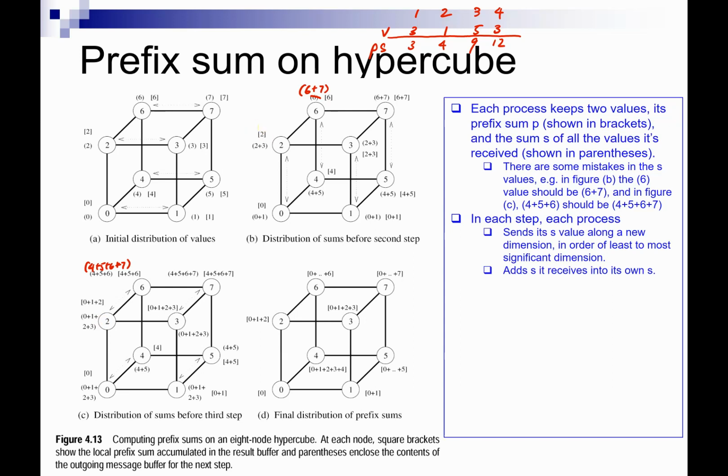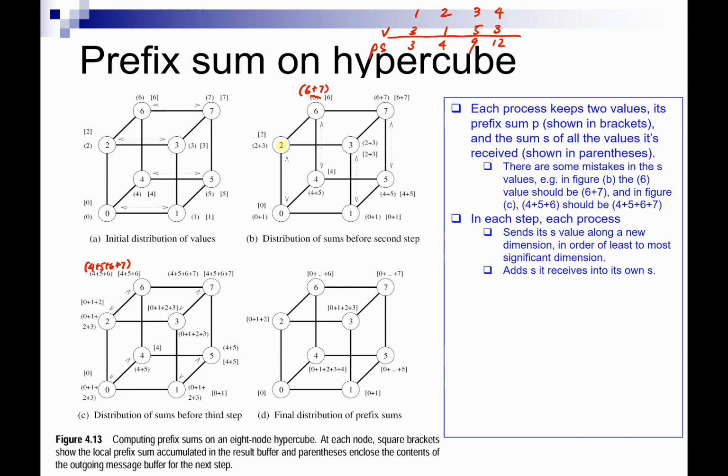The way the prefix sum values are going to be modified is that the process is going to receive some sum values. Now if these sum values correspond to values from processes with lower IDs, then this process is going to add those sum values into its own prefix sum.